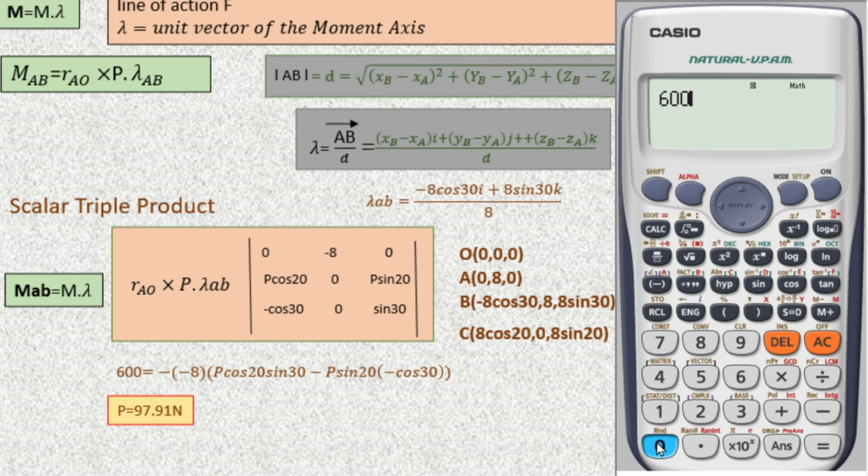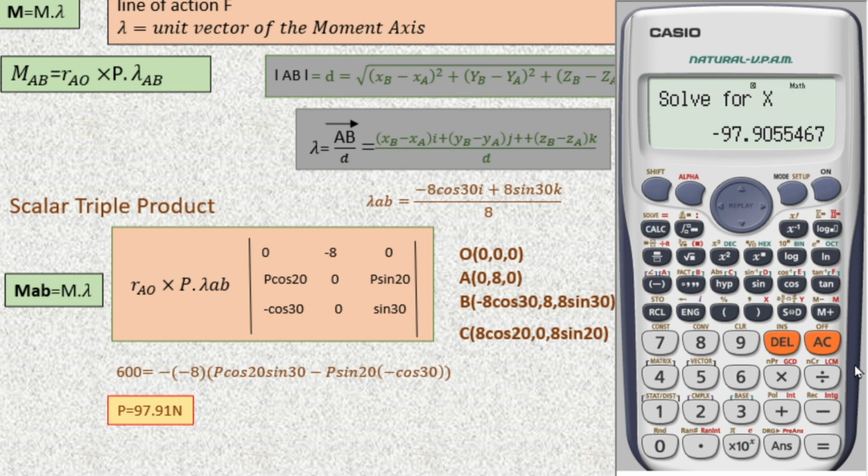So let's check. 600 equals negative 8 times P cosine 20 sine 30 minus P sine 20 times negative cosine 30.